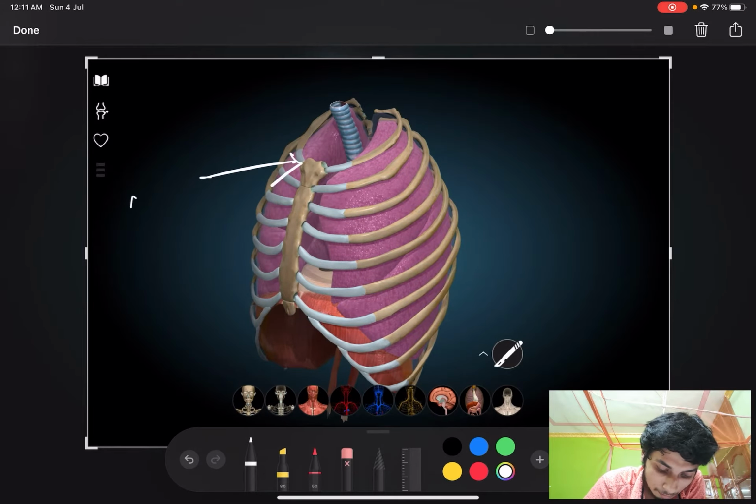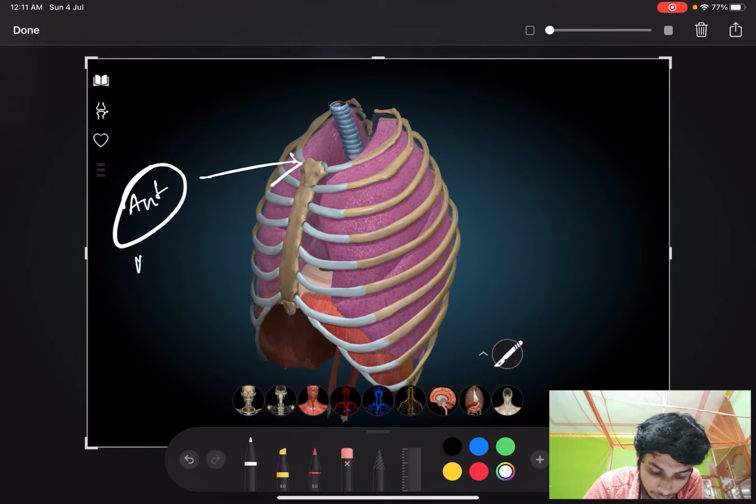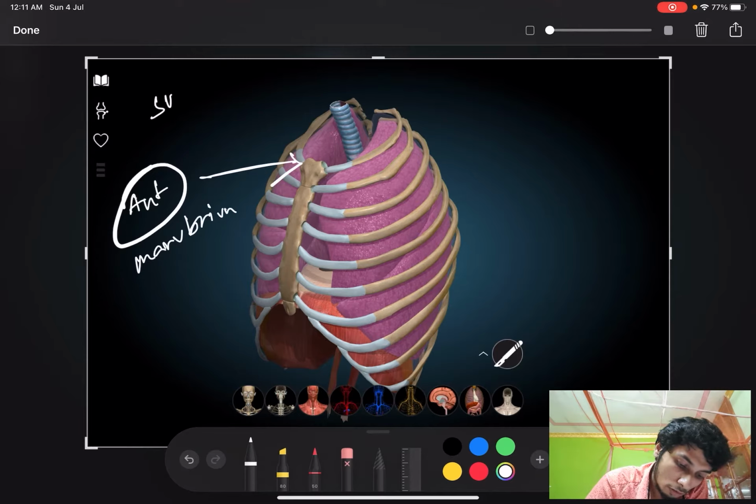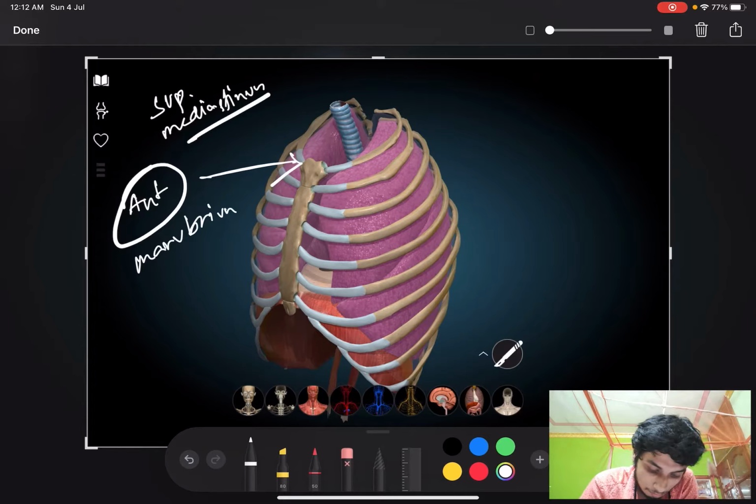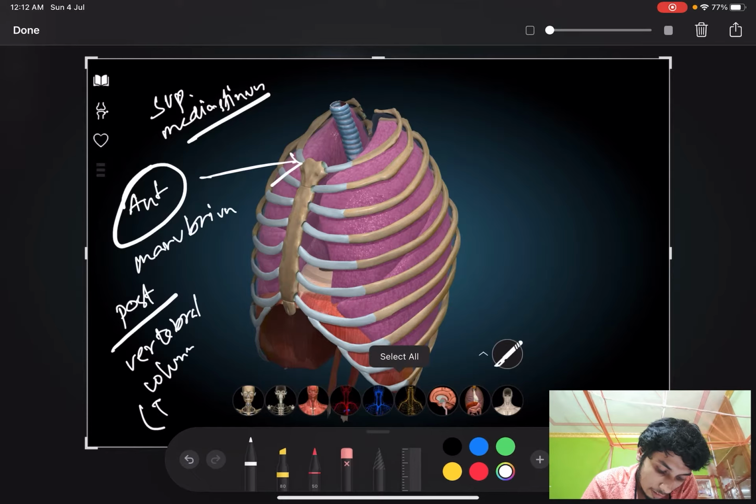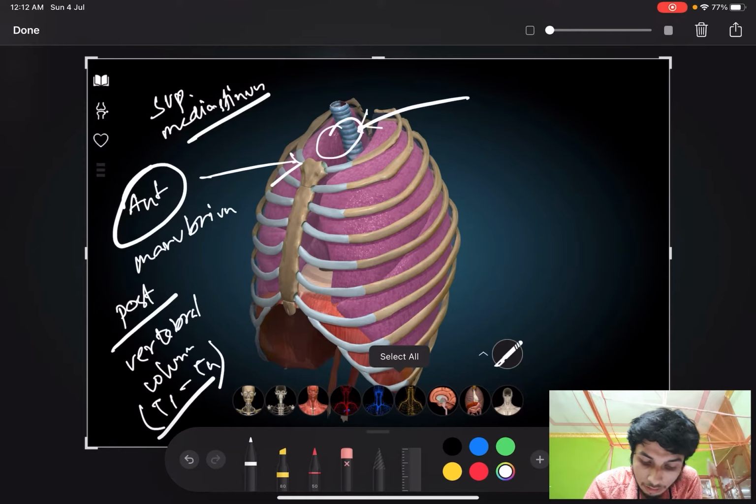Anteriorly, manubrium. I'm talking about superior mediastinum. Posteriorly, vertebral column, that is T1 to T4. Okay, superiorly, what did I call it?